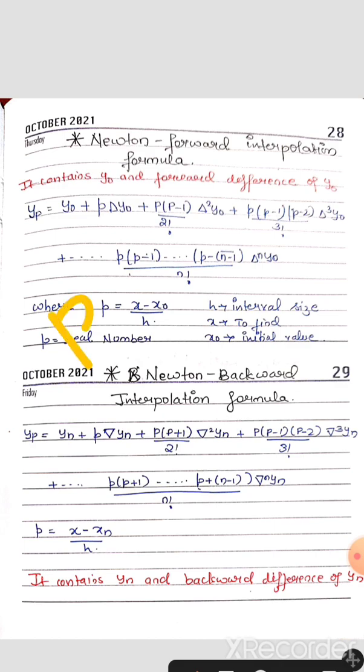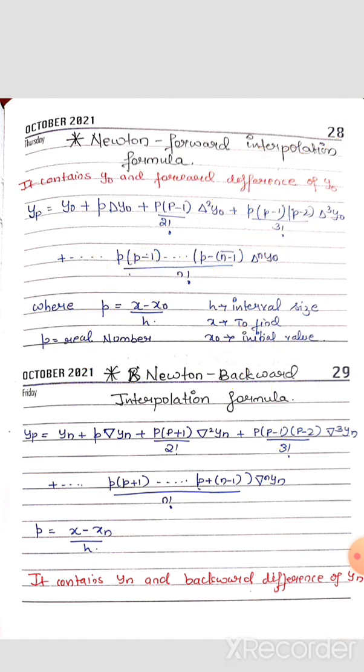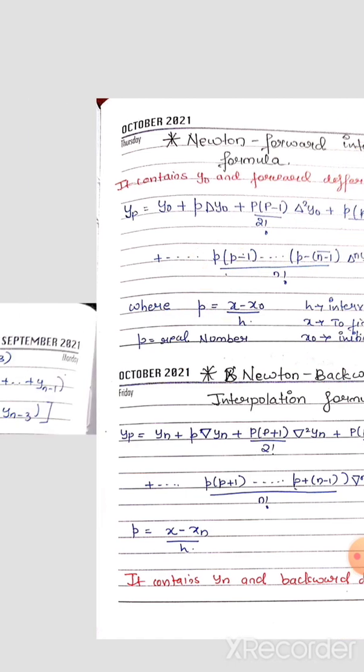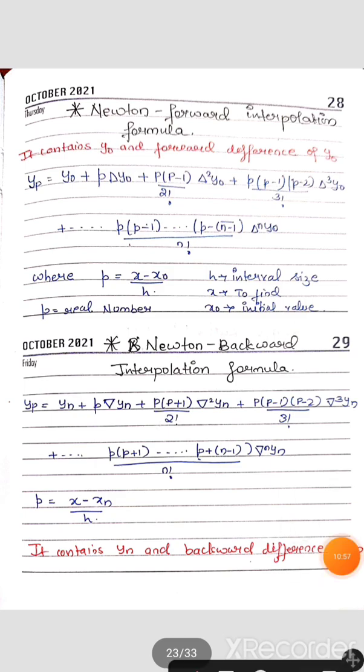It is p(p plus 1)(p plus 2) by 3 factorial. Correct this, this is plus. This is the backward formula, and the value of p is (x minus xn) by h.